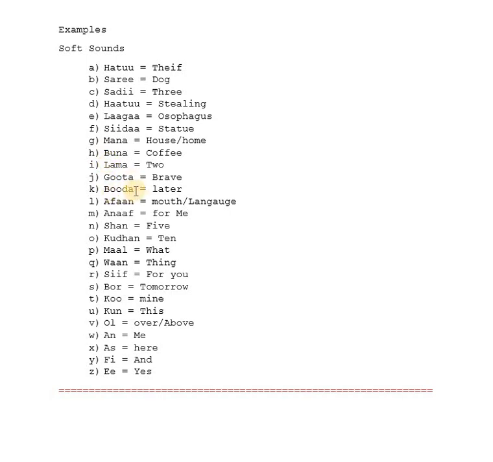Gota, Boda, Afan, Anaf, Shan, Kudan, Mal, Wan, Sif, Bor, Ko, Kun, Ol, An, As, F, A.